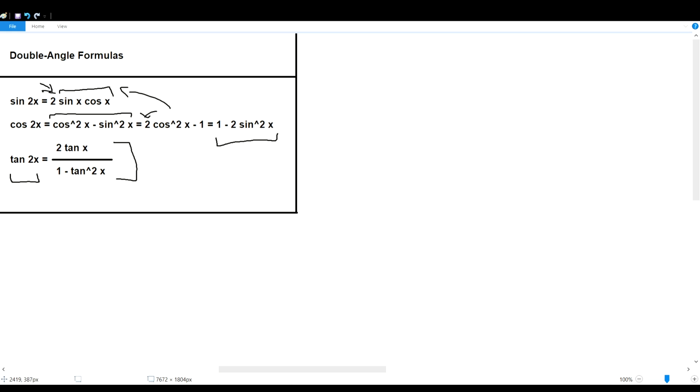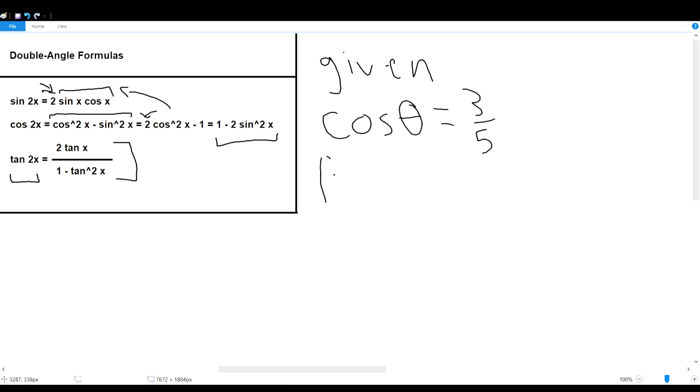Now we're going to do an example with this. So if we were given cosine theta is equal to 3/5, we want to find sine of 2 theta.